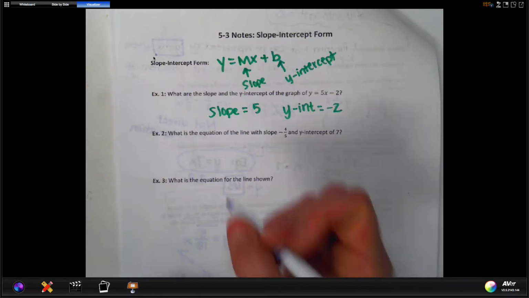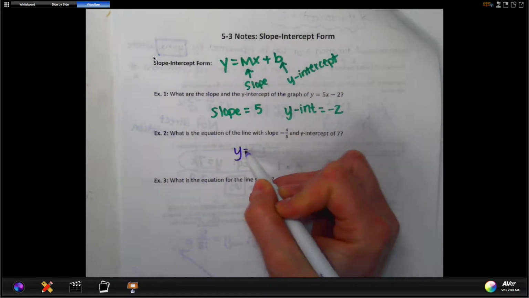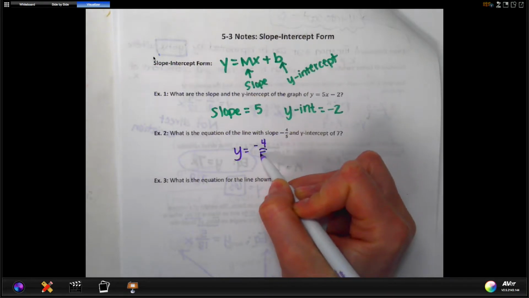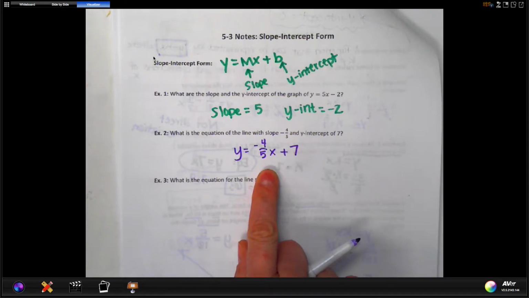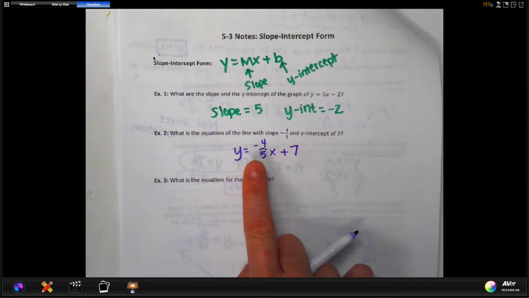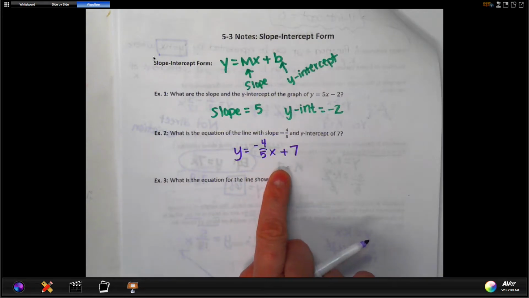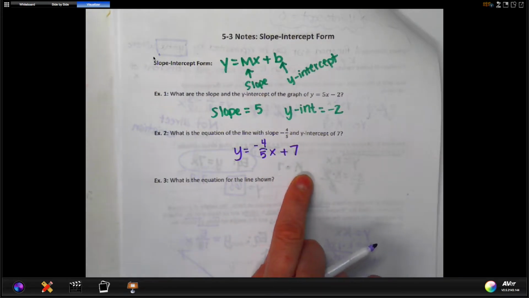Brandon, go ahead. Y equals -4/5 plus 7. That's perfect. Y equals, so you just write it in slope-intercept form, starting with y equals, here's your slope next to the x, and then you add or subtract the y-intercept depending if it's positive or negative. That's it. That's the answer. Great job.